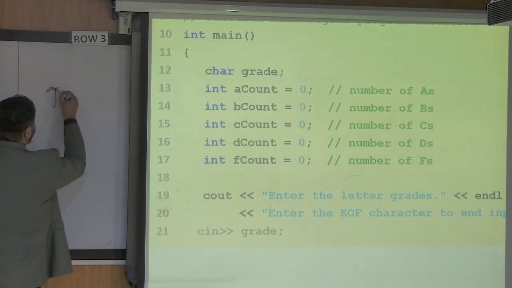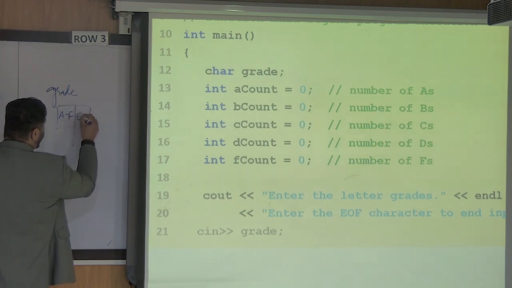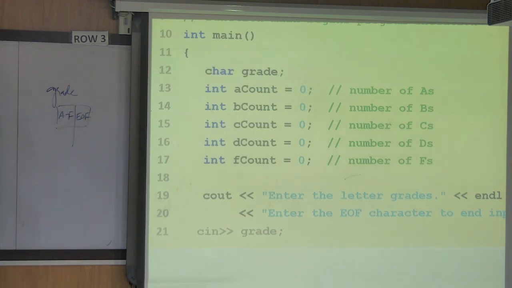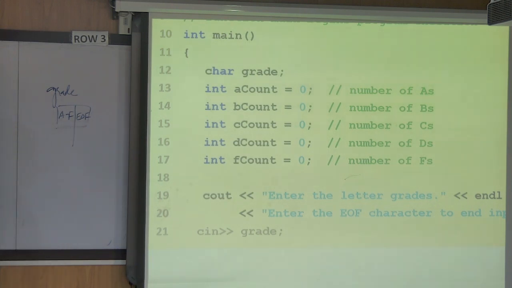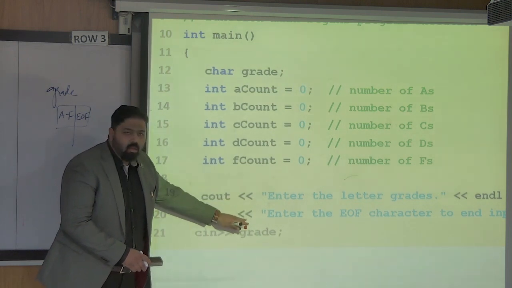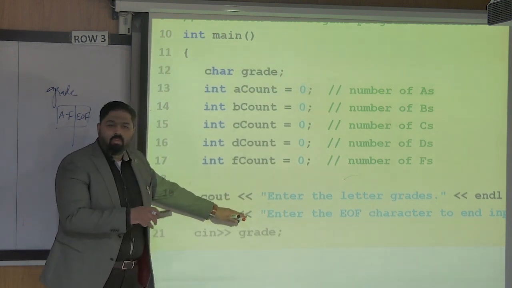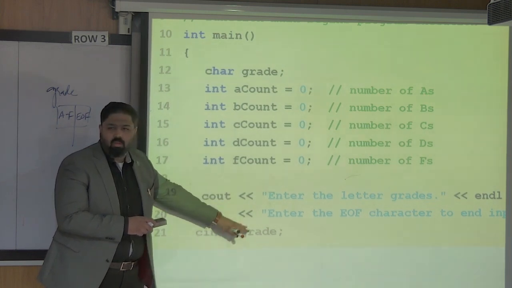इनपुट आपने करनी है ग्रेड पे. It could be anything from A to F, so either it's a valid input or it's an invalid one. You have prompted the user, and the user will see this once, before entering the loop. If you put this inside the loop, every time this will be displayed.